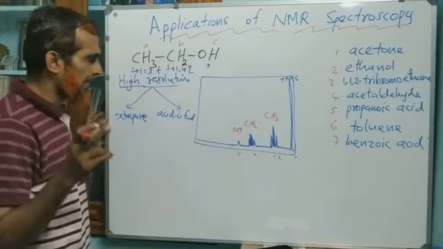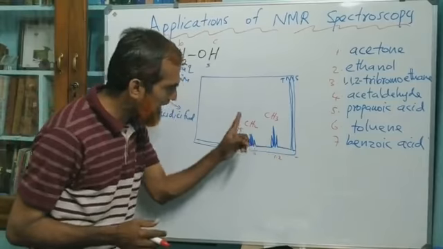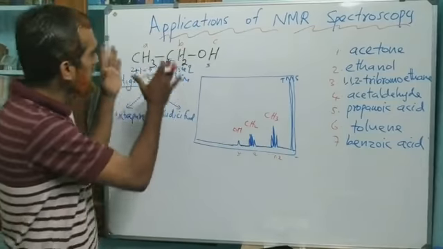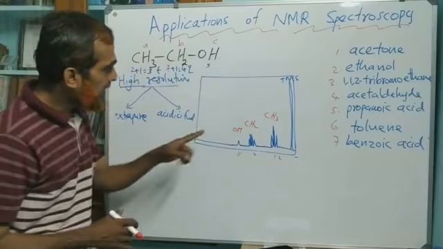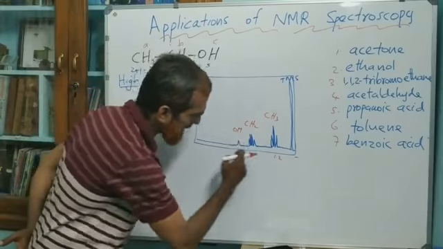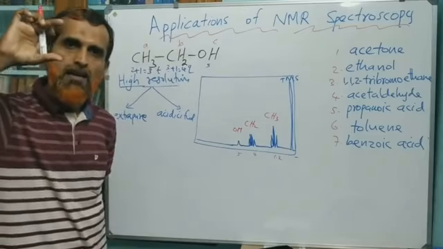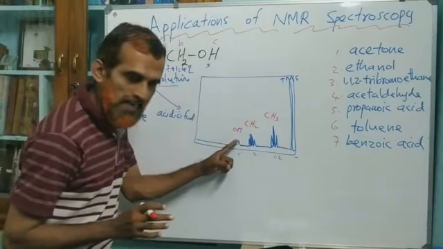So as I said earlier, NMR spectrum tells you 4 things. One, number of signals. There are 3 signals. That means ethanol contains 3 different types of proton. Number 2, the peak height: we can integrate these peaks, and the integration height tells you the number of protons of each type.